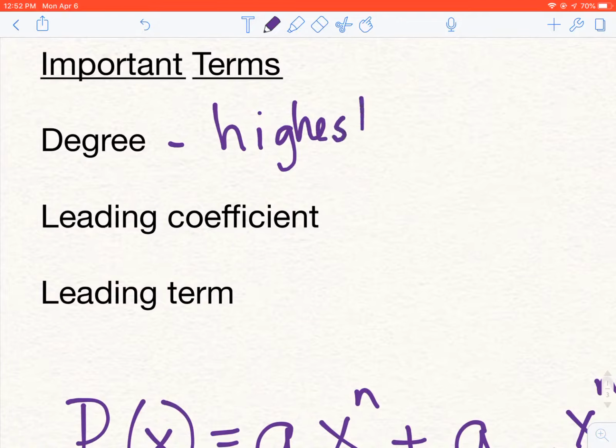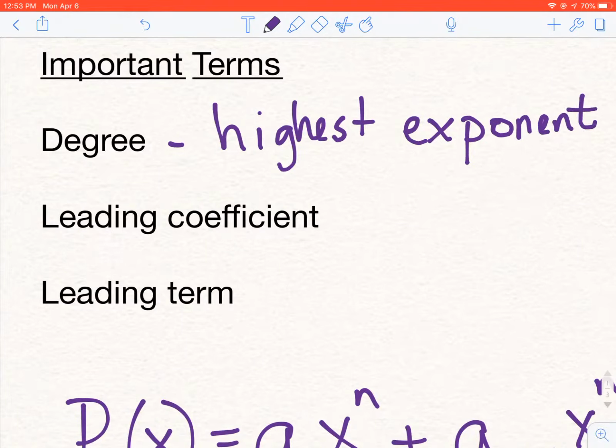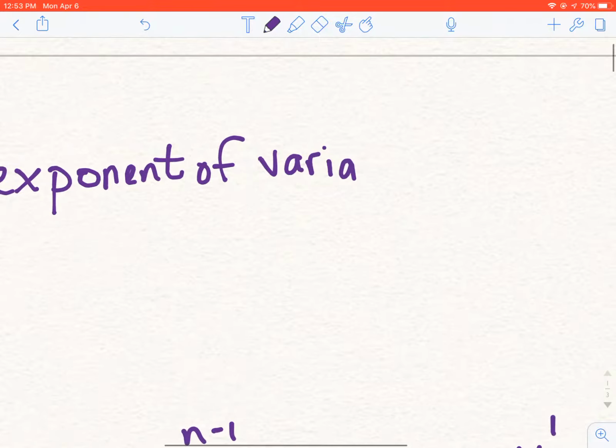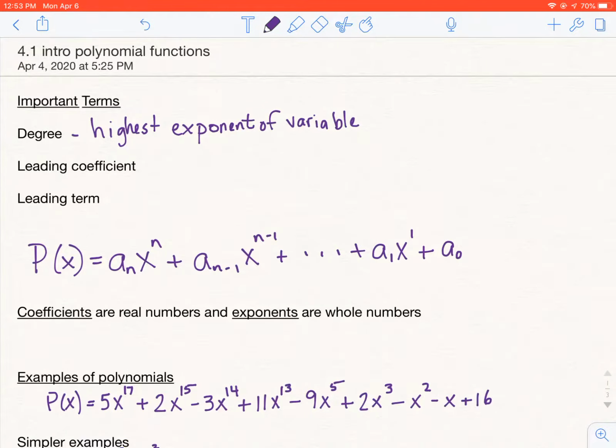Now if there are more than one variable, there's different things, but we're only going to have polynomial functions with one variable, so it's the highest exponent of the variable that's in the equation.